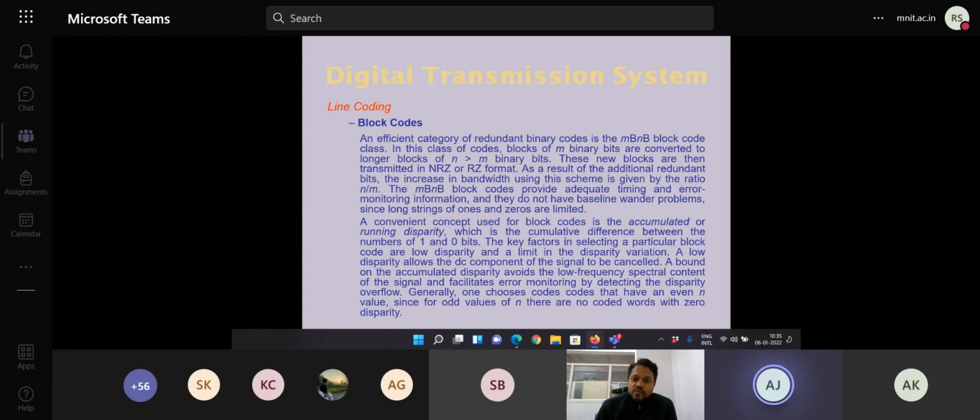Okay, so the use of block codes is very popular in all communication systems, and these come under the category of forward error correction.